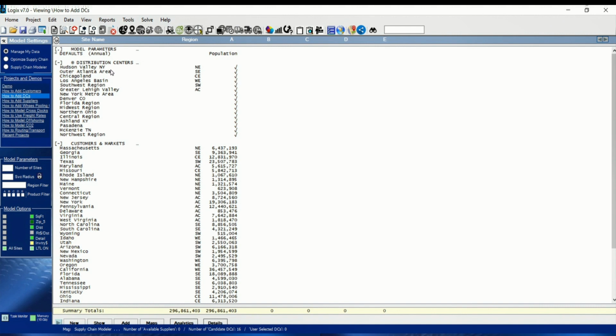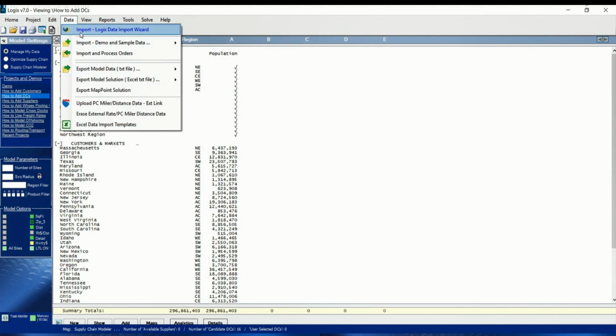Now let's take a look at our Logix model. In our last tutorial, we had shown how to add distribution centers to our model, either existing facilities, represented here with a region code matching the region code for each of our customers, or maybe some candidate facilities.